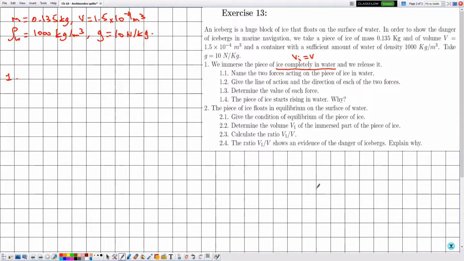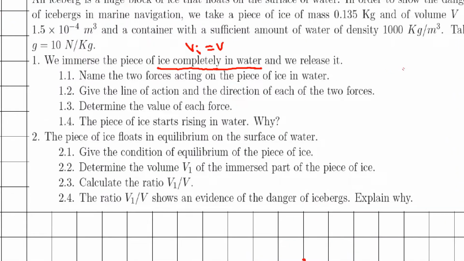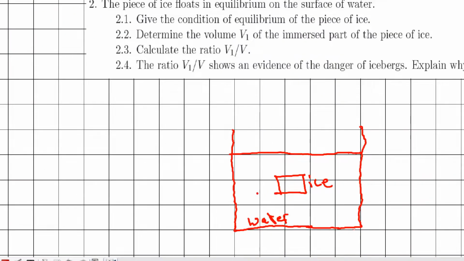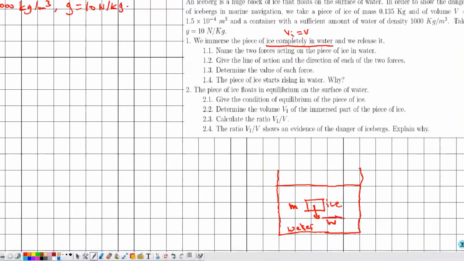So here let me do a small sketch. This is the container containing water. And this is the piece of ice. This is water. Now 1.1, name the two forces acting on the piece of ice and water. Because this piece of ice has a mass, it will be directly subjected to the weight, which is vertical downward.